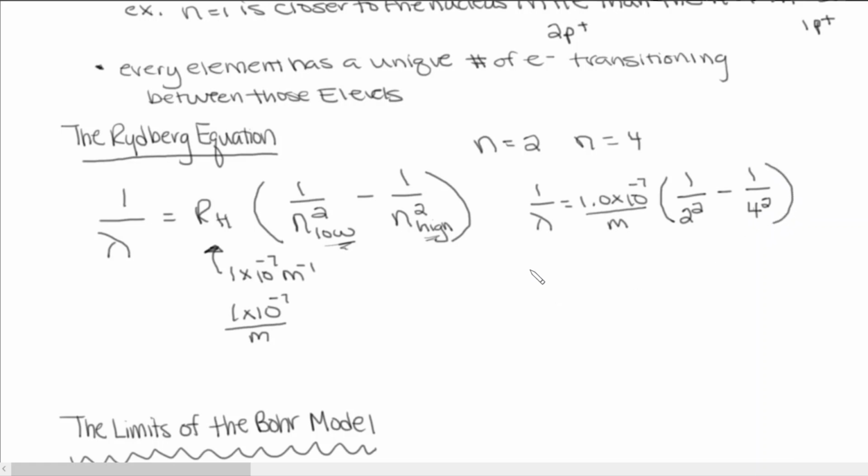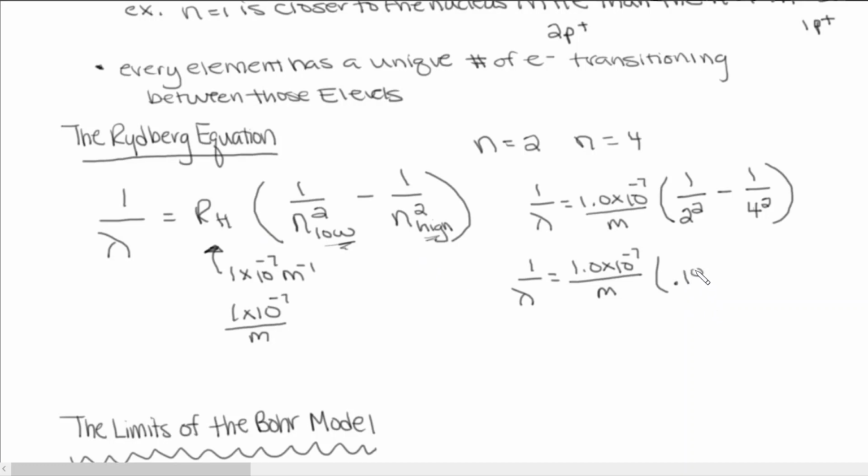Okay, so 1 over lambda is equal to 1.0 times 10 to the negative 7th over meters times, all right, you guys should be calculating here along with me. So 1/4 minus 1/16. Let's go ahead and work in decimals, not fractions.